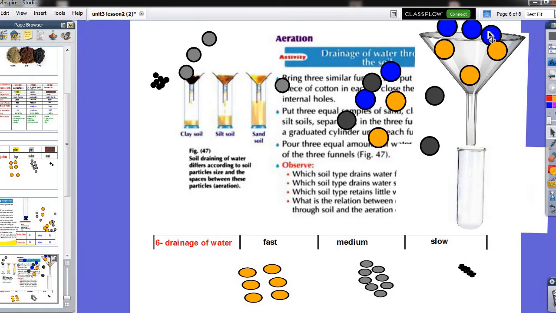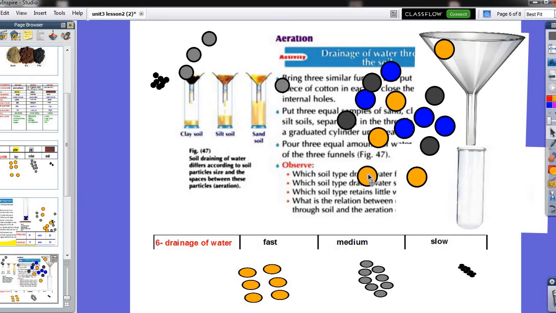When I pour some water, the water, like we see, will move faster in between the particles of the sand, because we have a large distance between the particles of the sand. So the drainage of the water is fast.